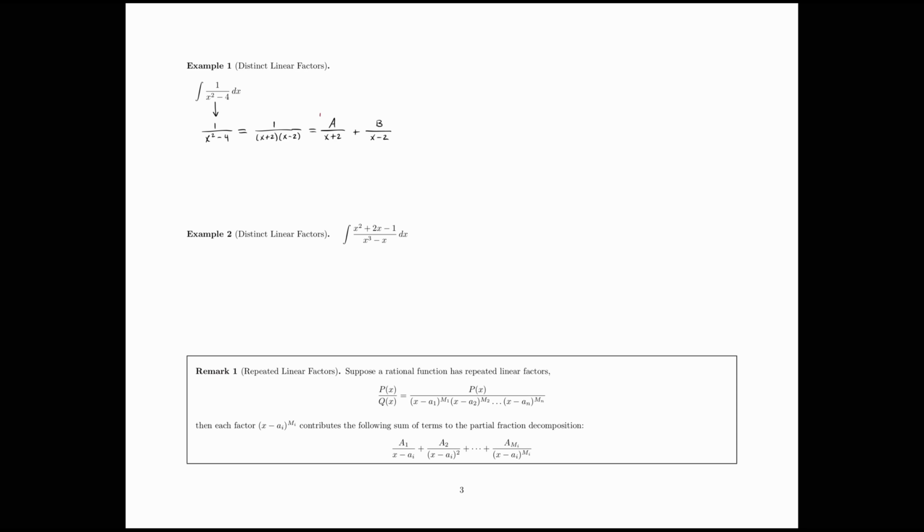This right here is called the partial fraction decomposition for this rational expression. It's just the decomposition, the setup. We don't actually know what the A and B are yet, but that is the basic form of the partial fraction decomposition for this rational expression.